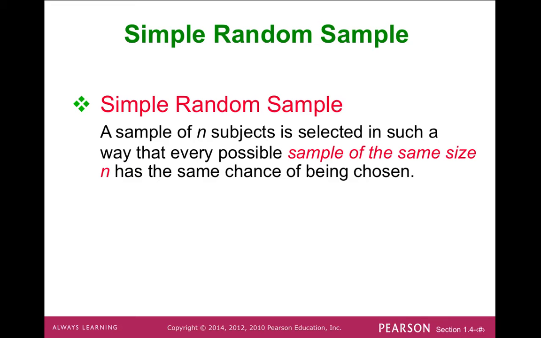So in that case, a simple random sample would be a sample of 100 subjects that are selected in such a way that every possible sample of another 100 subjects has the same chance of being chosen. So what that means is that in theory, anybody in the population should have the same chance of being surveyed as any other person to make up your sample for your study.